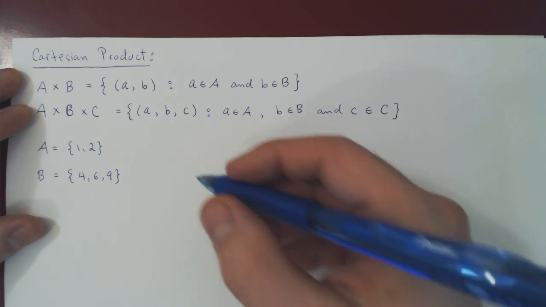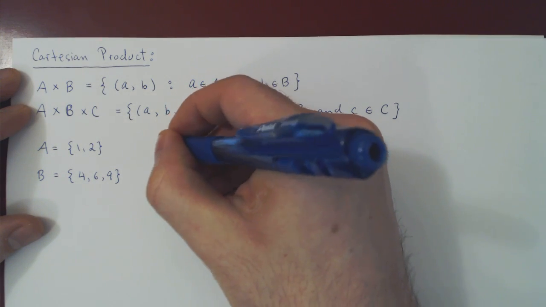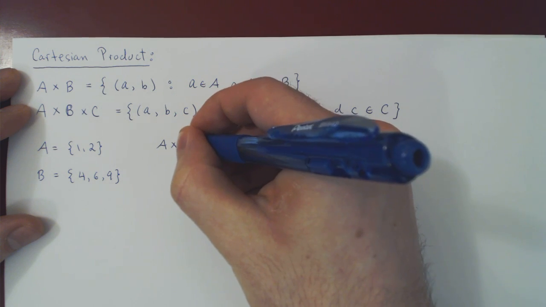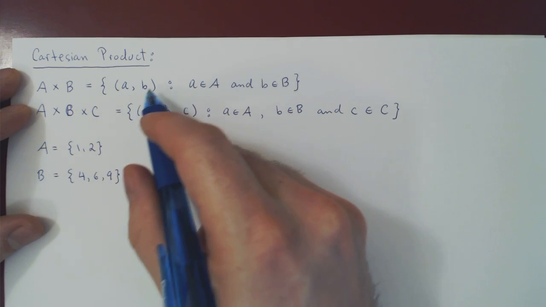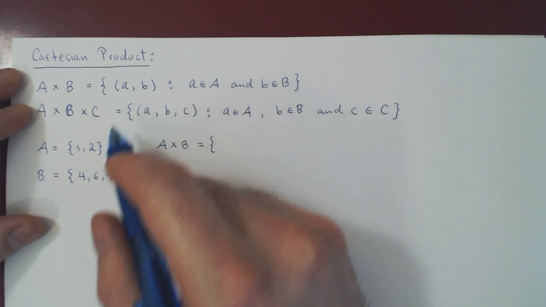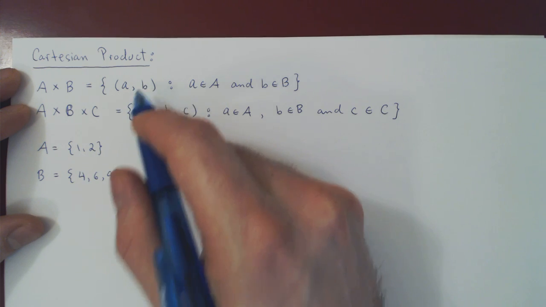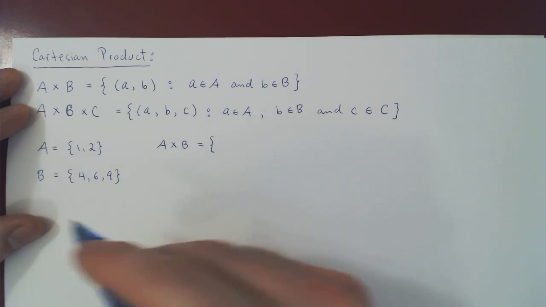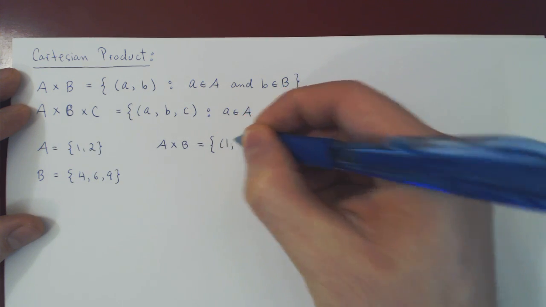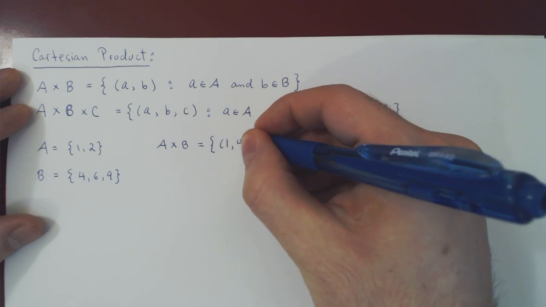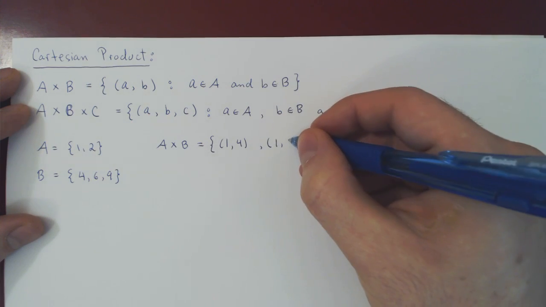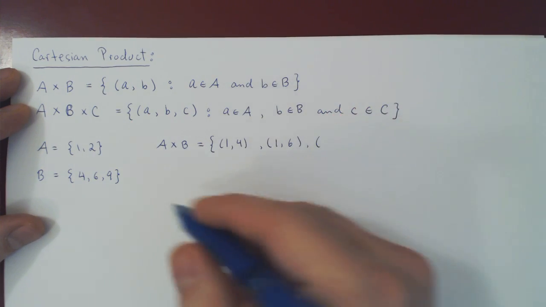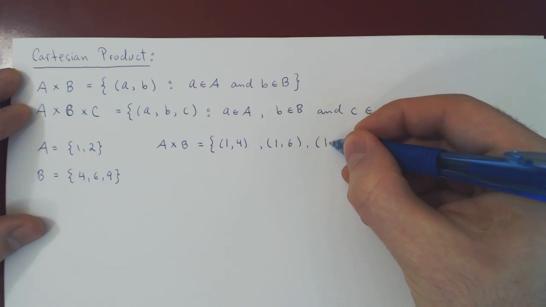Let's look at all the elements of A cross B. Well, they are tuples, where the first element must come from A, the second element must come from B. So let's fix 1 first. Then we can have 1, 4. We can have then 1, 6. And we can have, of course, 1, 9.